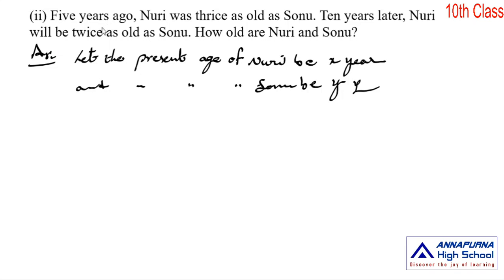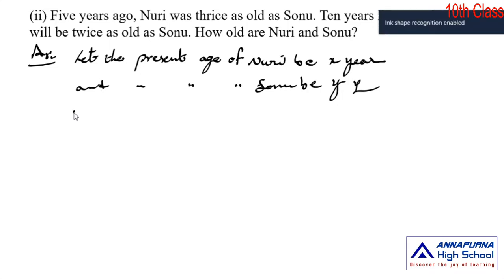Okay, let us observe the first condition. 5 years ago Nuri was thrice as old as Sonu. Here x and y are the present ages, but in the first condition he gives the relation between Nuri's and Sonu's ages 5 years ago. So first we find the ages of Nuri and Sonu 5 years ago.